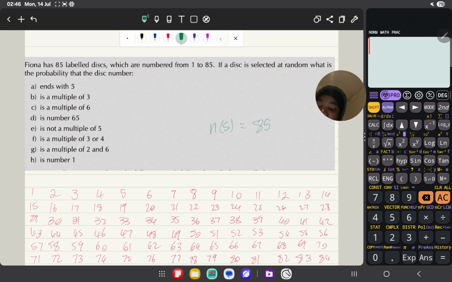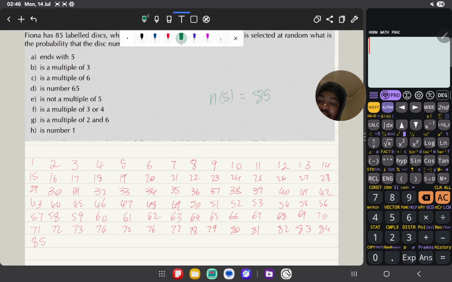Probability of getting a number that ends with 5, right? So you have 1, 2, 3, 4, 5, 6, 7, 8, 9.